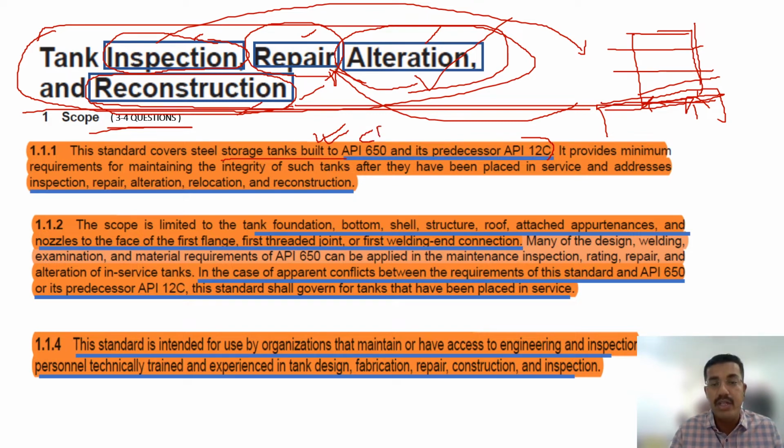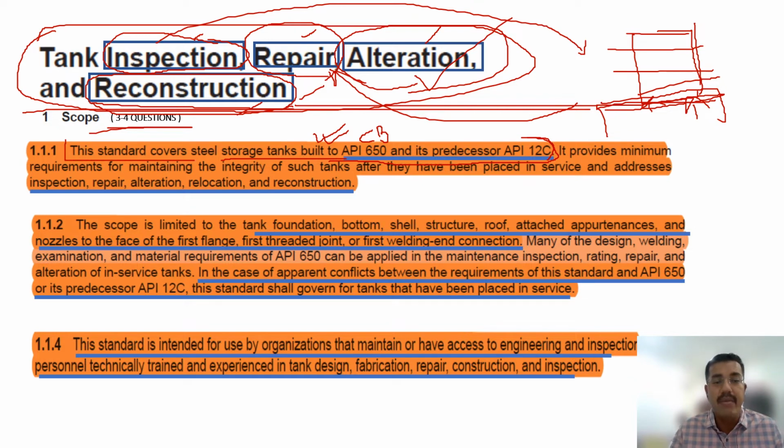This question says API 653, or this standard, covers steel storage tanks built to API 650 and its predecessor API 12C. So if any tank was manufactured before 1968, this code will also cover it. This is the exact question they will ask.